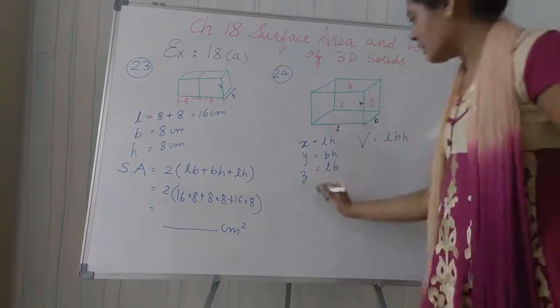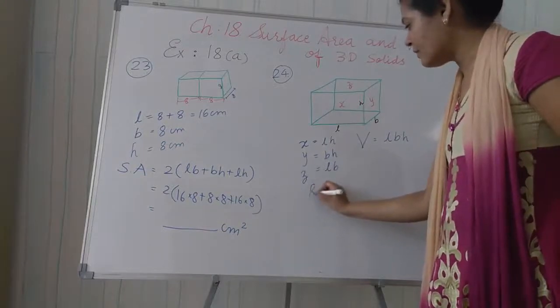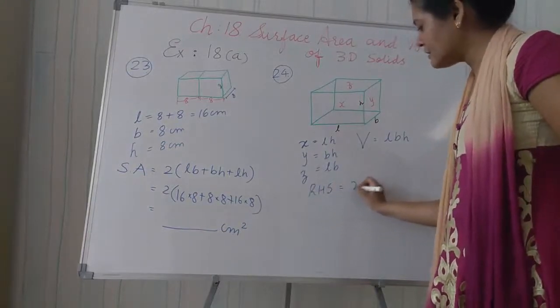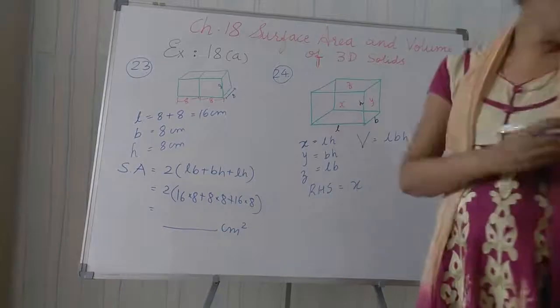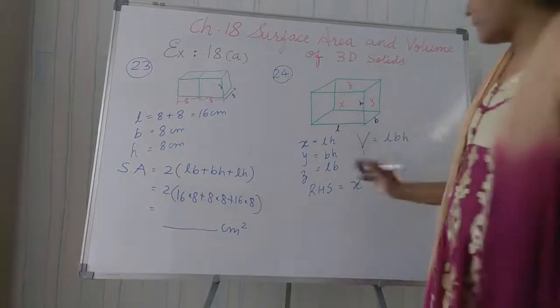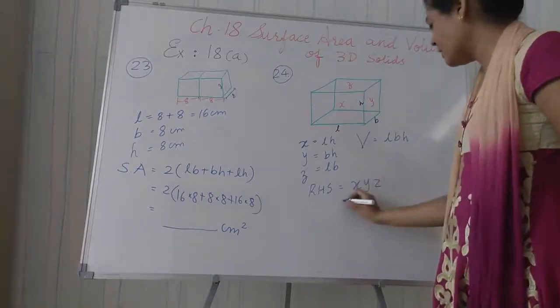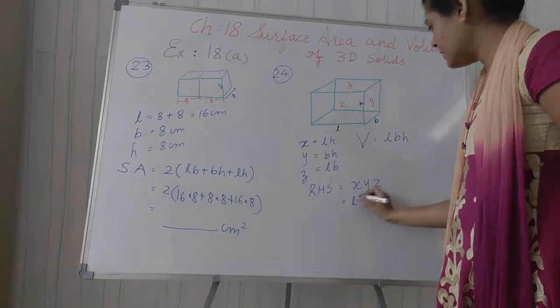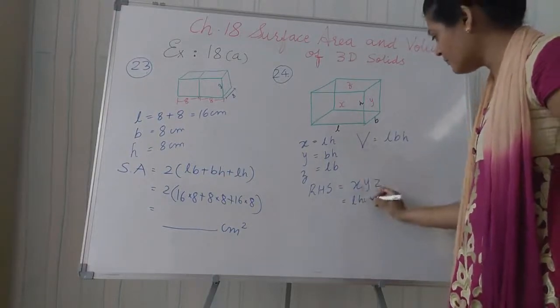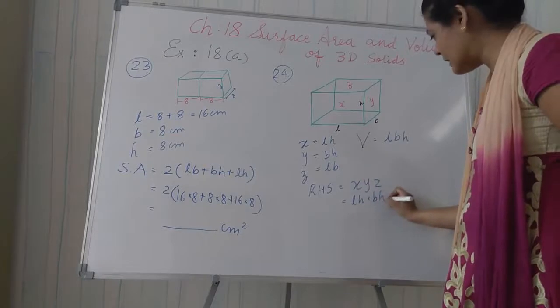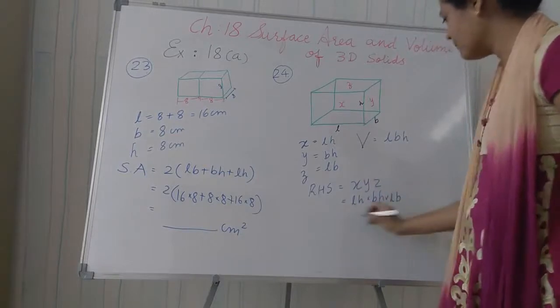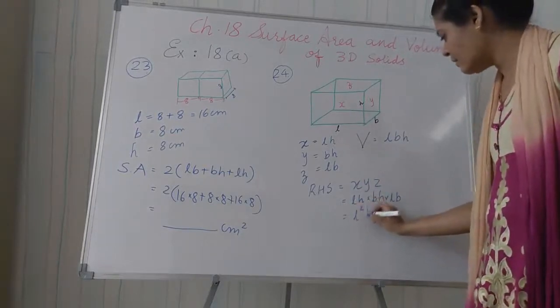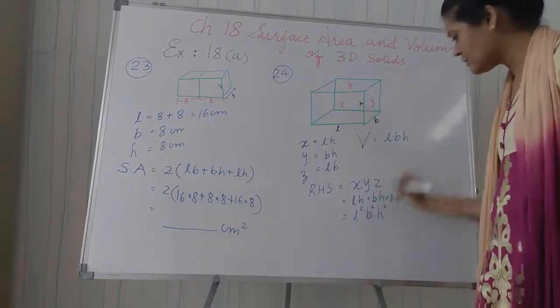But now if you take multiplication, we start with the right hand side. In the right hand side we have to prove XYZ. Here XYZ means x value LH, y value BH and z value LB. So it becomes L square, B square, H square.